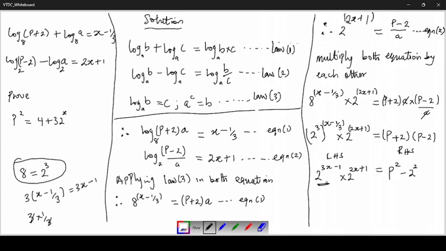So the next thing we're going to do is follow the law of indices, which says that when index notation of the same base are multiplying, the powers are to be added.